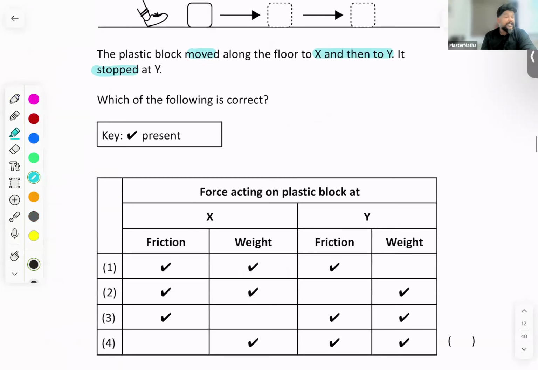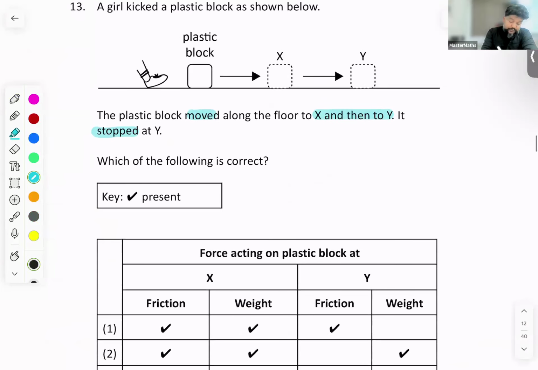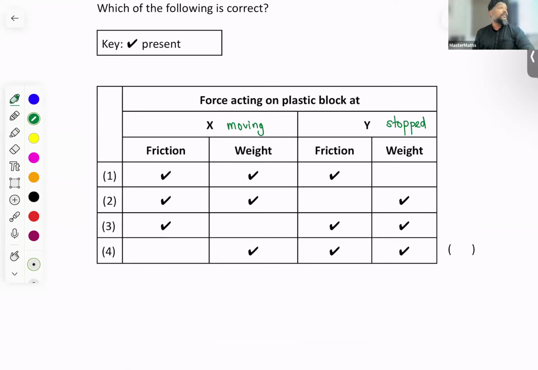So the question says at point X it was moving, and at point Y it was stopped. Now, what we learned: when something is moving, there is friction. When something is not moving, there is no friction. So let's look at it. At point X, is there friction? Yes.